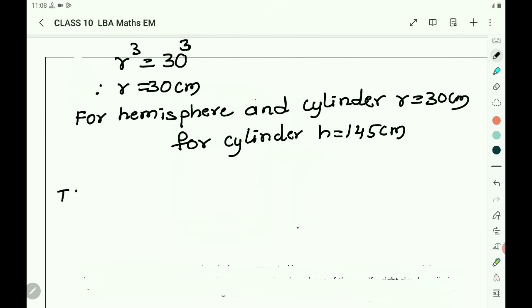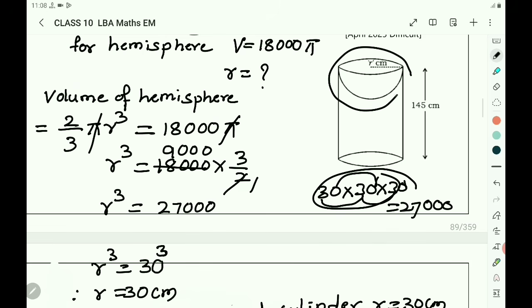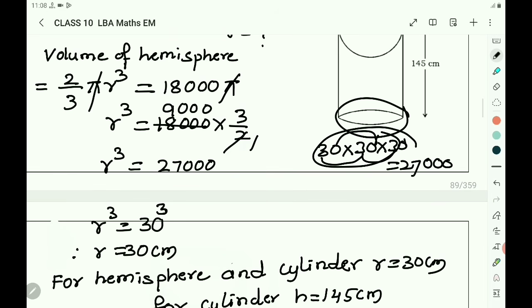Write TSA of solid equal, start from this one, that is CSA of hemisphere plus CSA of cylinder and area of the circular base.